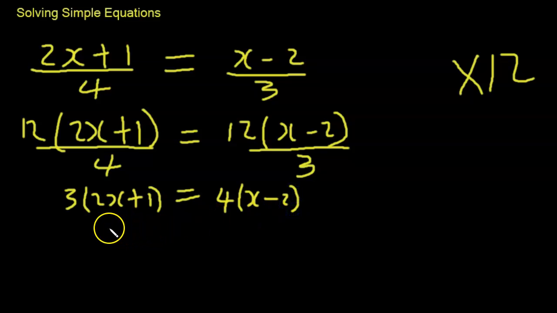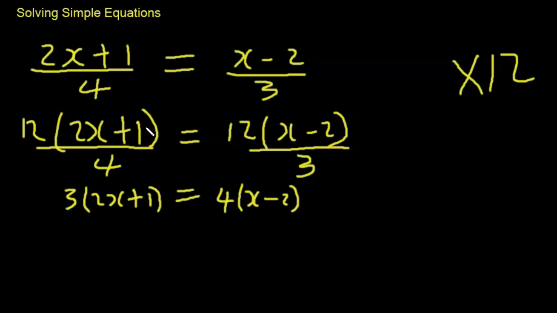So we expand. Now, let me just pause here and mention that in a lot of cases, some persons do what they call cross multiply, 3 times 2x plus 1 and 4 times x minus 2. I don't encourage it. Reason being, it does not work in every situation.